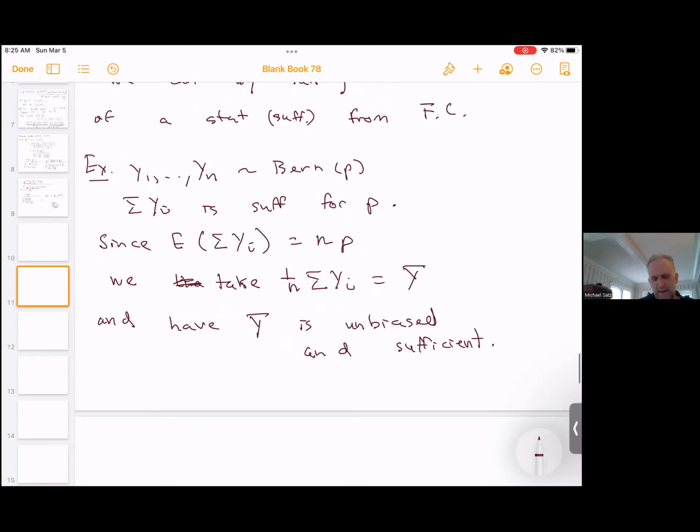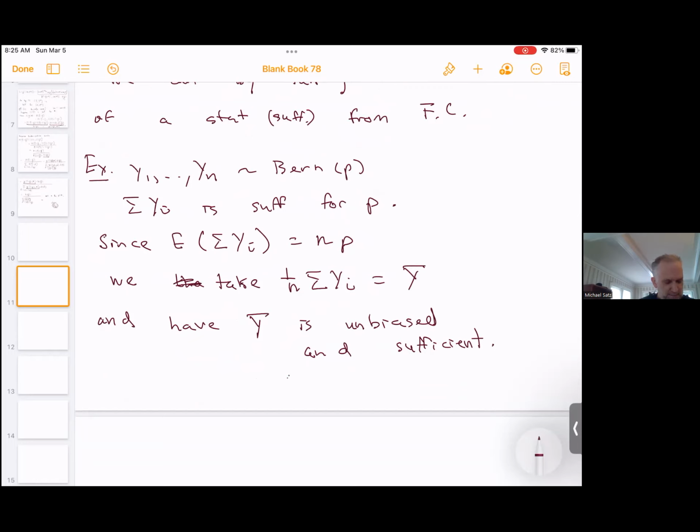Further, the fact that it came from the factorization criterion also generally makes the statistic the best statistic. You can think of sufficient statistics that probably have higher variance.